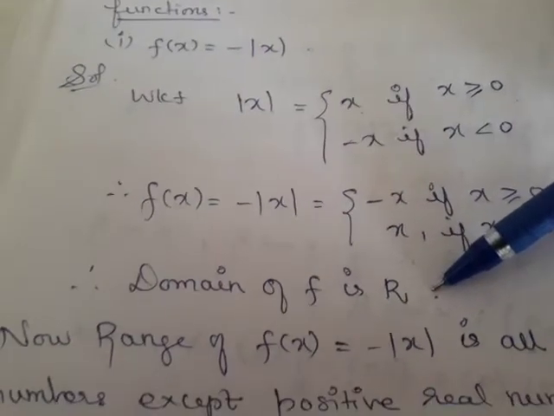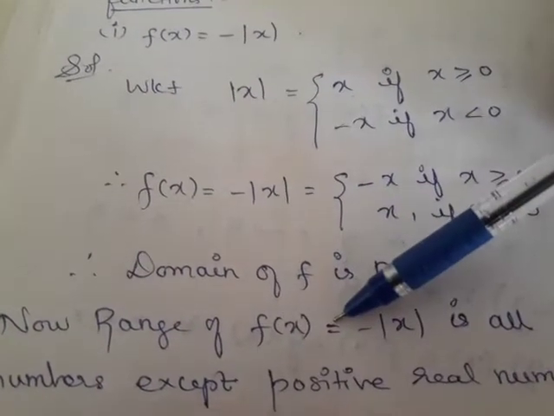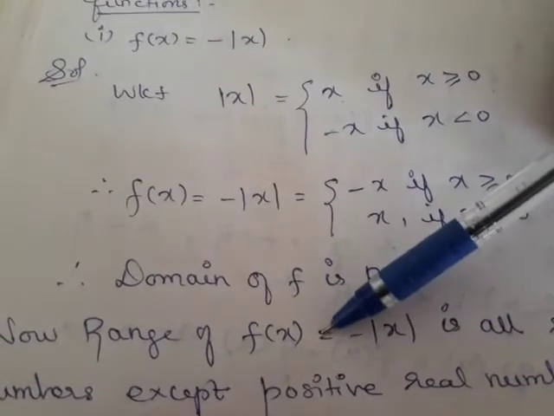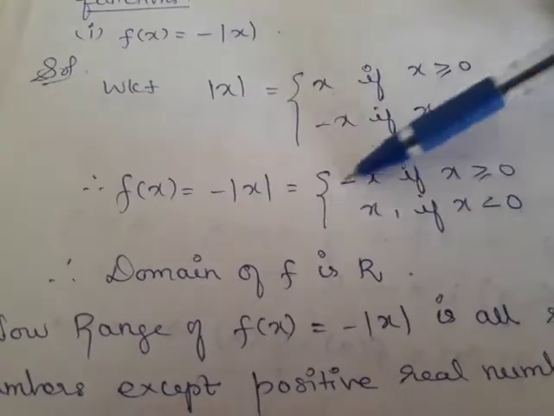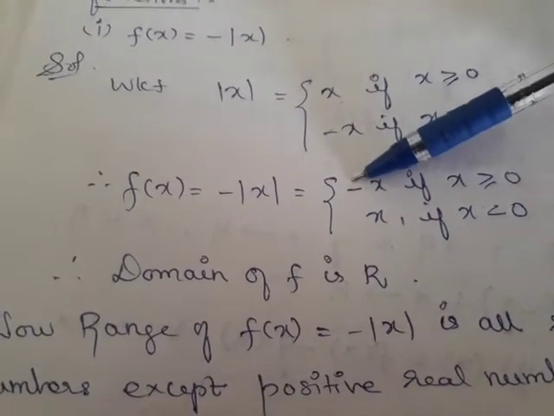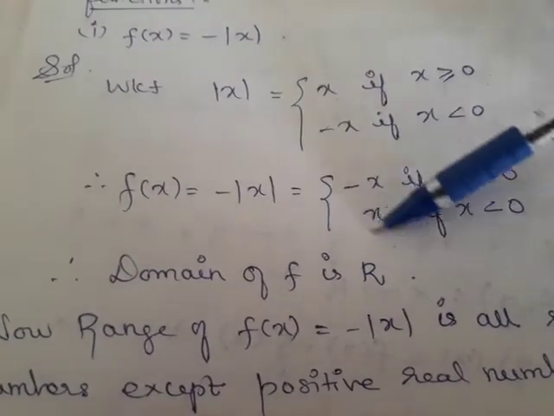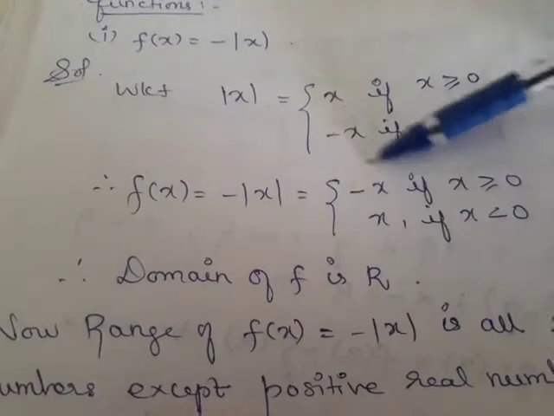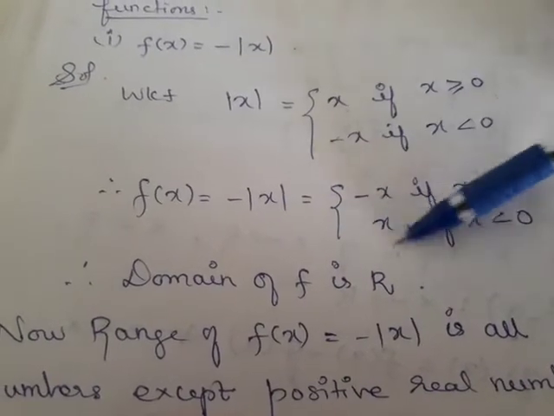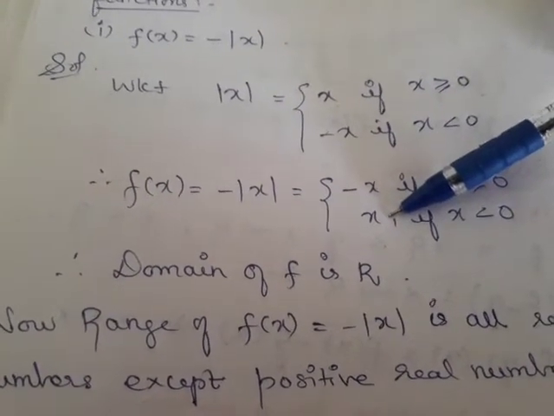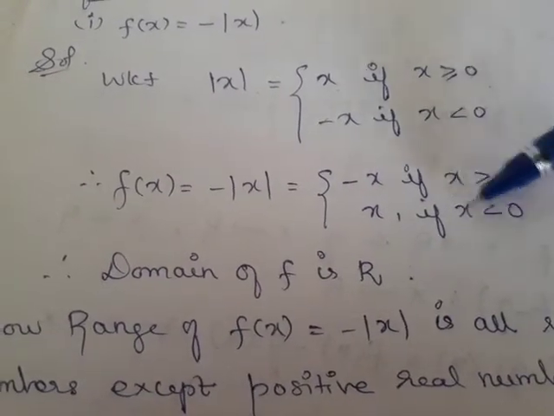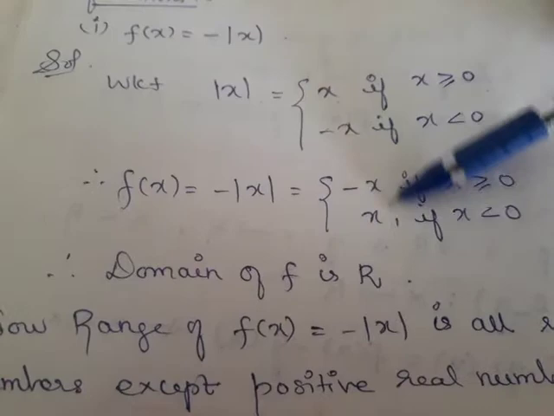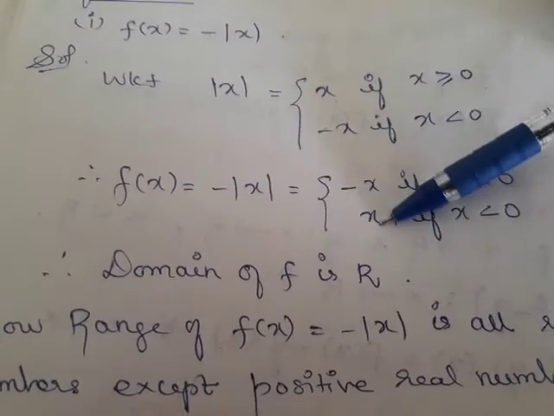Right? Now, we will find what will be the range of f of x. Range means after applying the function, what answer are we getting? That is called the range. Now, just now we analyzed these answers. After analyzing these answers, what conclusion did we arrive at? We arrived at a conclusion which says whatever number you choose, the answers are going to be only negative numbers.